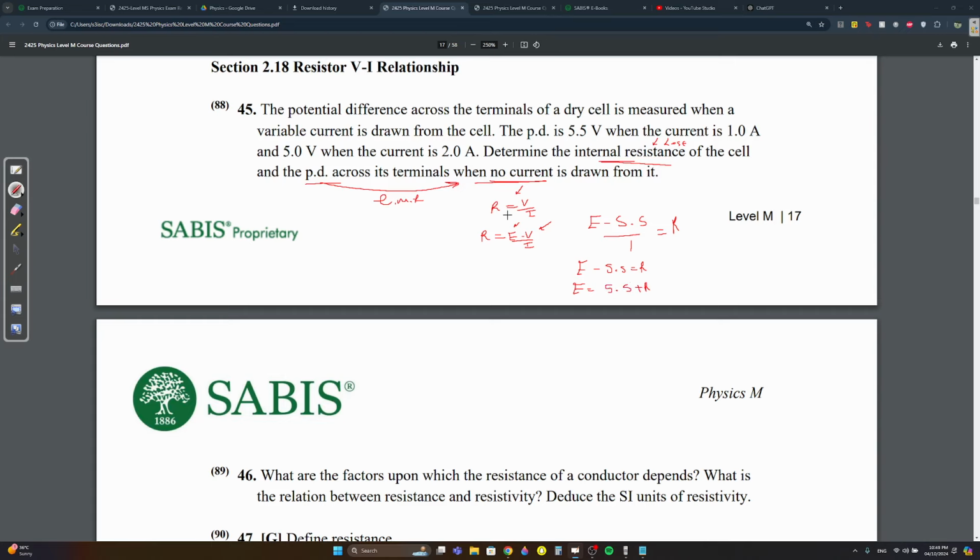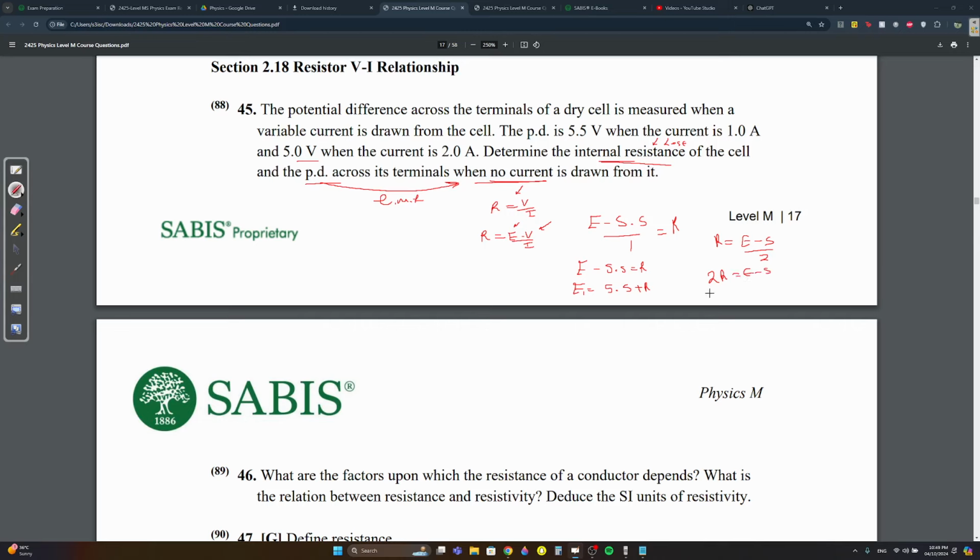That's the first one. How about if we substitute the second reading? Let's substitute the same way I substituted the last time, just so you don't get confused. Again, R will be equal to E minus the voltage in the second time, which is 5 over 2. Cross multiply, you're going to get 2R equals E minus 5.